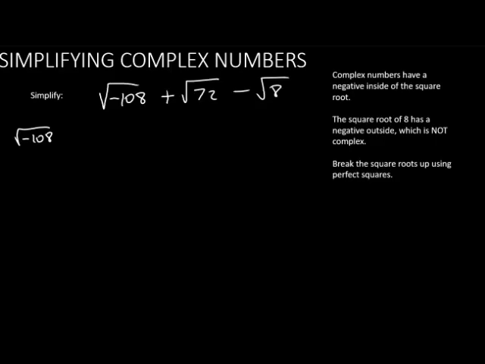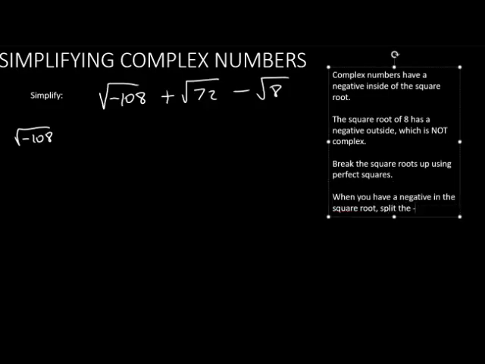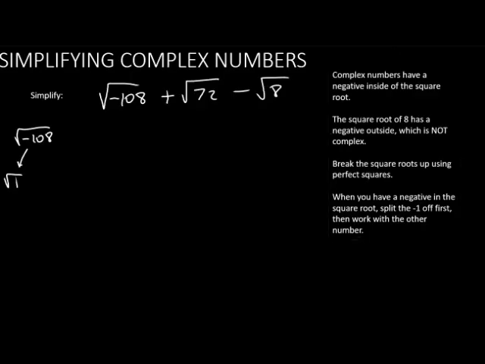Now, when you have a negative inside of the square root, the first thing that we'll do is split the negative 108 into negative 1 and positive 108. This will move the negative away from the 108 to where we can work with the 108 more easily. We'll now change this to say square root 108 times square root negative 1.